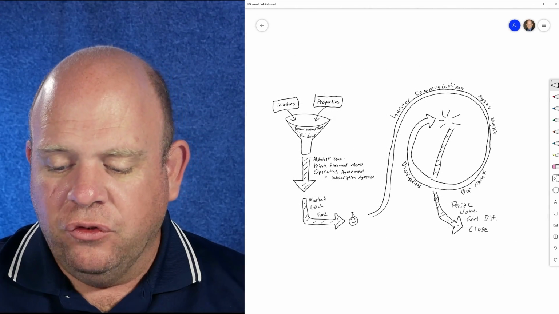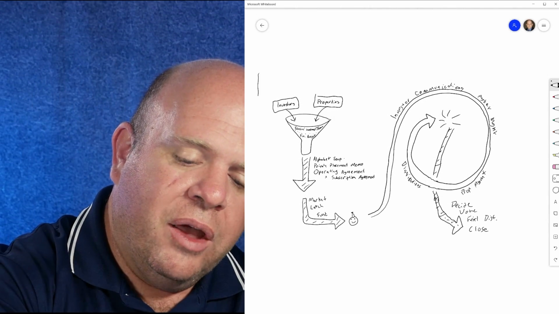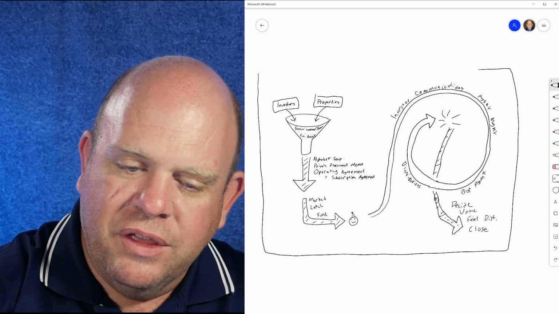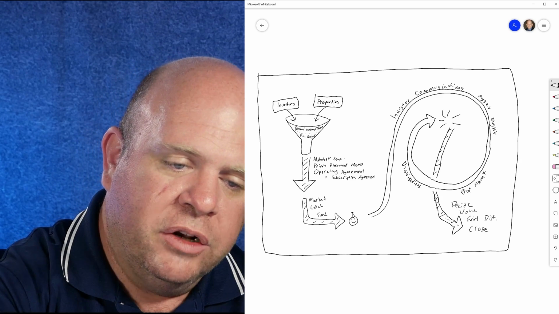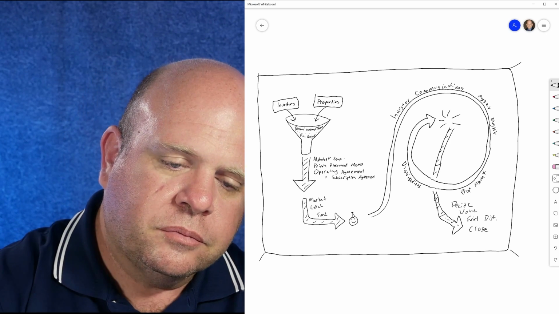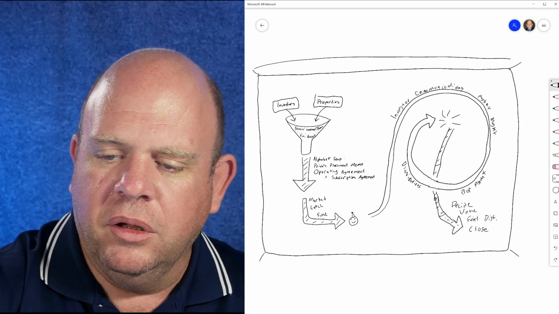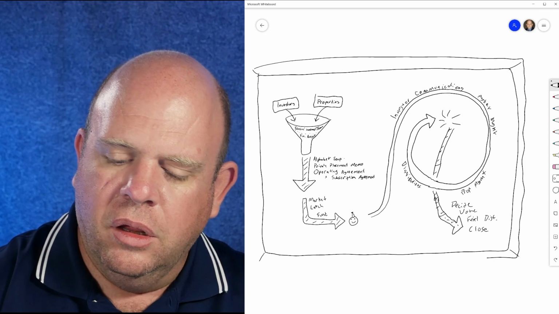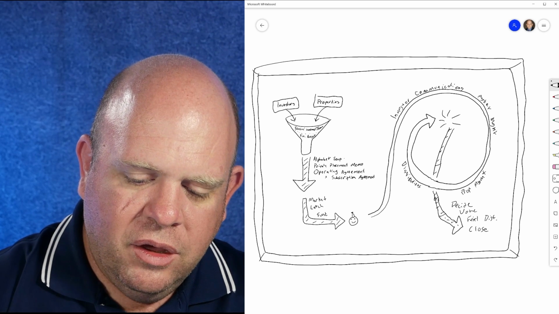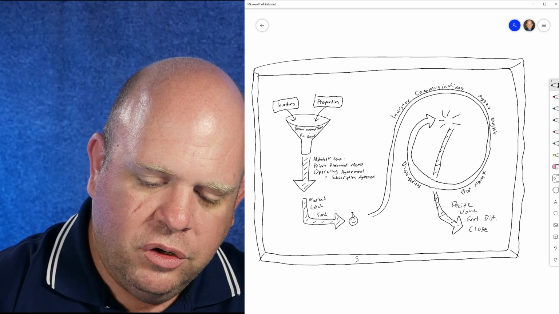Now, we've got this structure, and all around this too, there is another frame that's important, and we're going to talk about that in the Launchpad section also. And that frame is the structure.